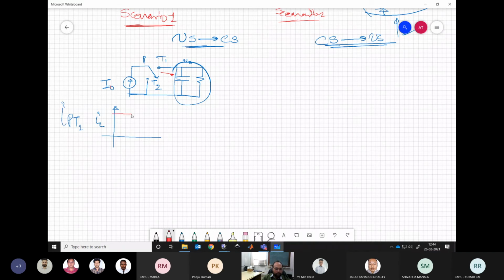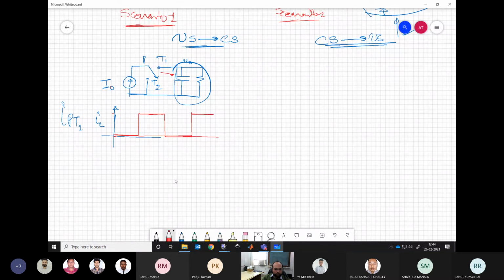That will look like I0. Let us say you first charge this and then discharge into the load. So we are maintaining the current for some time in the current stiff element, and then we are injecting that current to the load. Again, we are maintaining that for some time and then injecting it to the load.